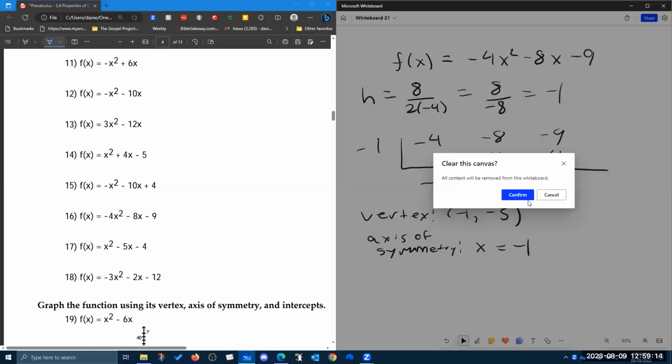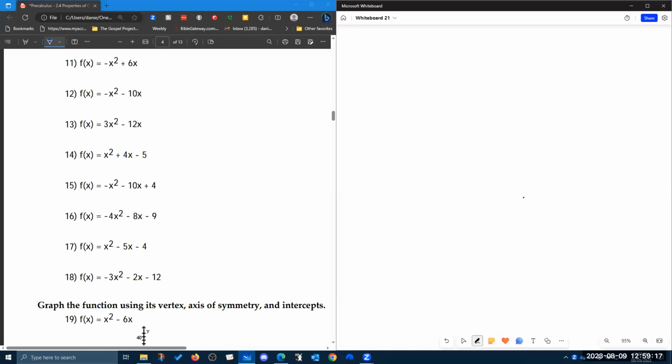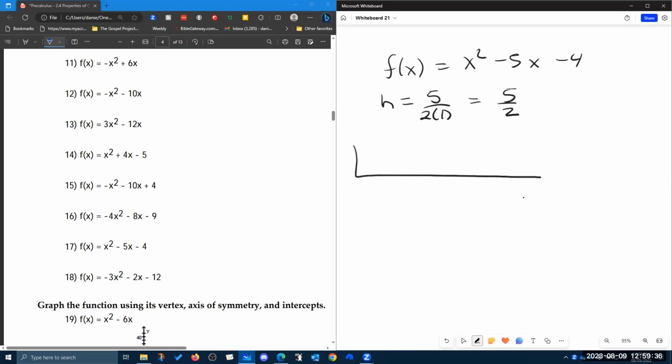Now on to number 17. Our x coordinate of our vertex is going to be negative b over 2a. So this is -16 over 4.